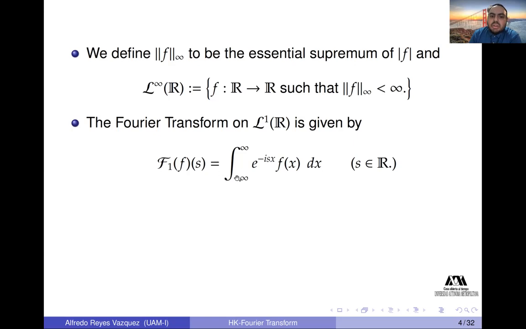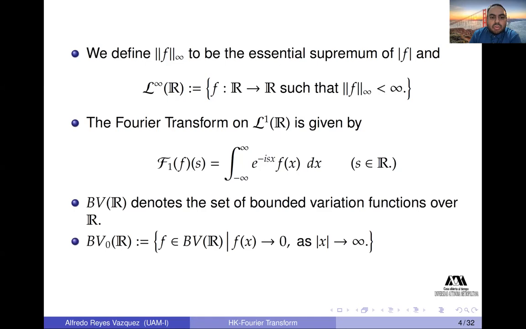And here, we have the definition of the Fourier transform for Lebesgue integrable functions. Also, by BV, we denote the set of bounded variation functions over the real line. And in particular, we have the space BV0 of those functions in BV that vanish at infinity.